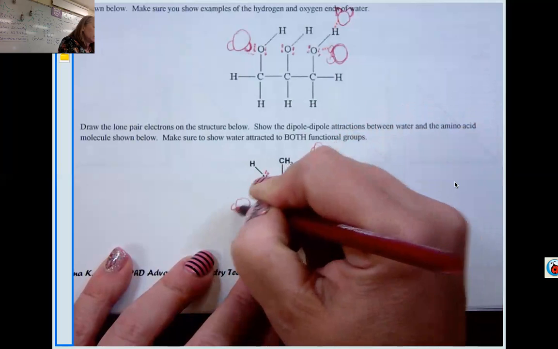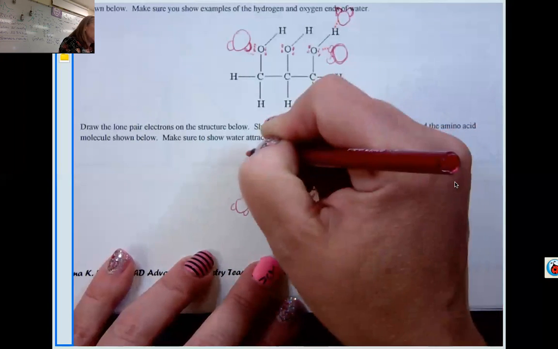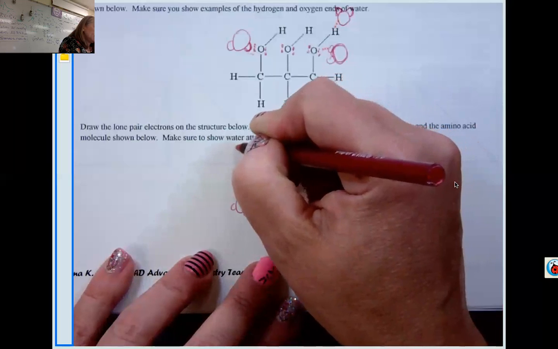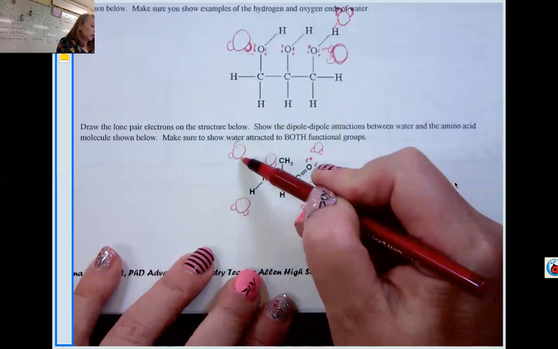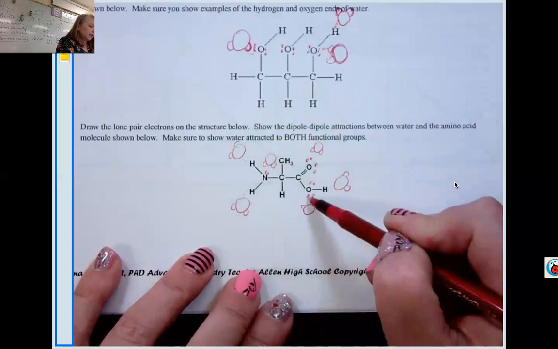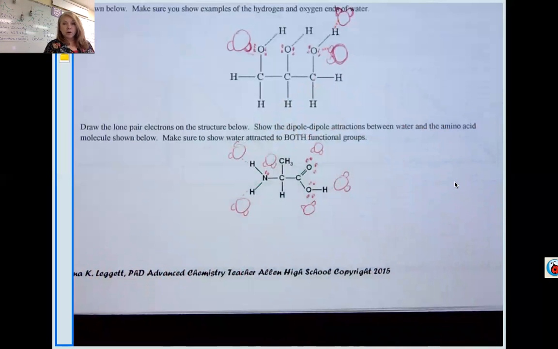You're going to have the negative end of water. And again, positive to negative. Just like that. Okay, so make sure you orient your water molecules correctly. Hydrogens, remember, are always going to be the positive part.